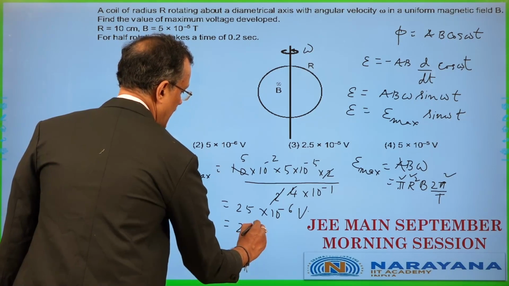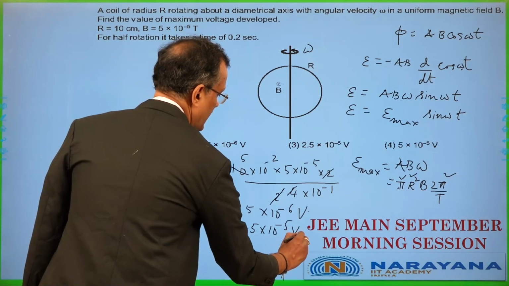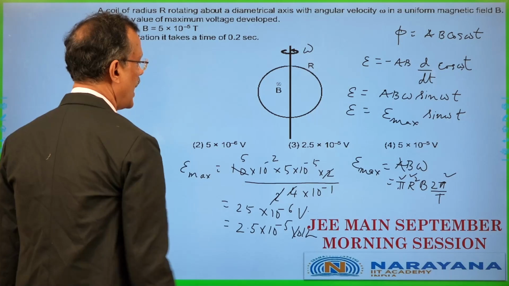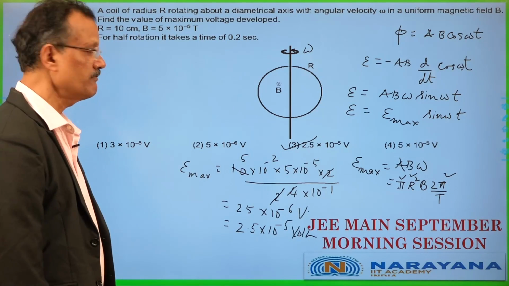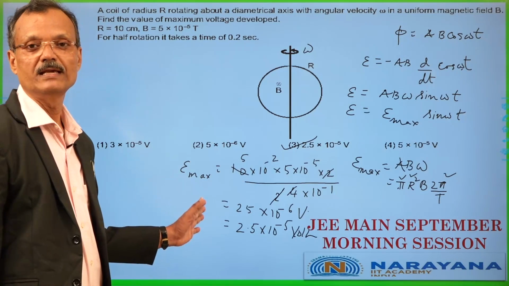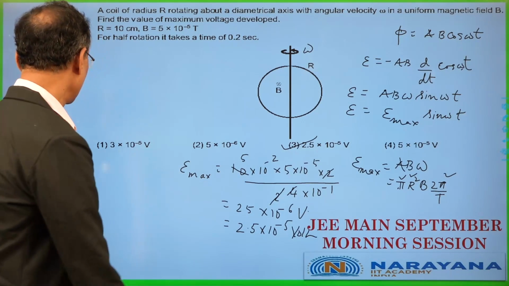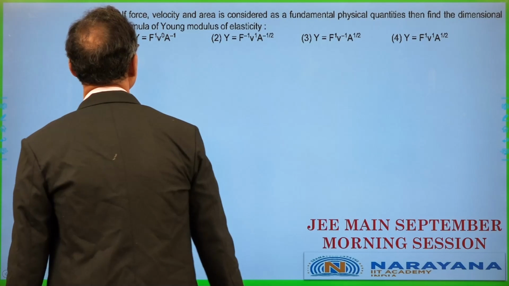You can make it as 2.5 10 to the power minus 5 volt. Answer is here, 2.5 10 to the power minus 5 volt. Tell me, did you understand? Clear, no? Now, let us move to the next problem.